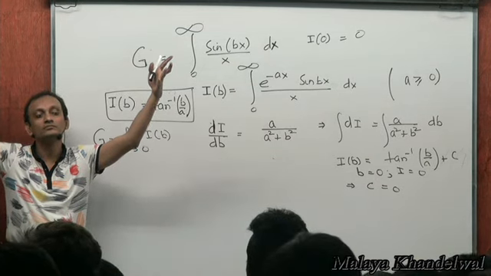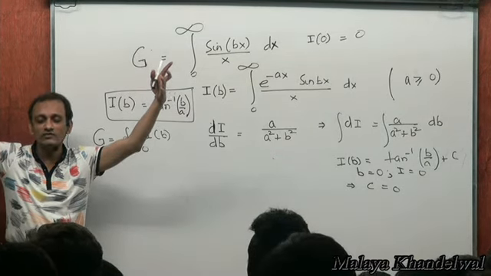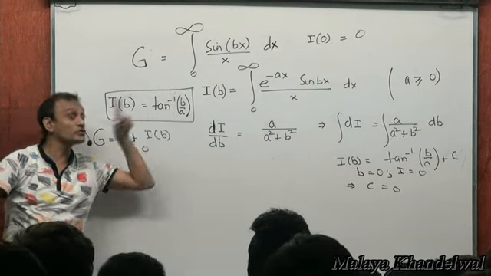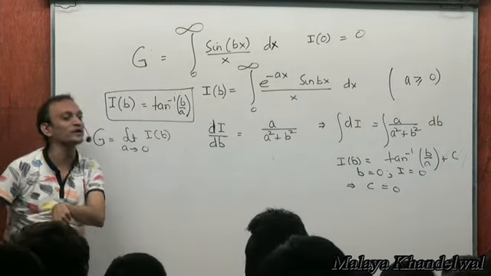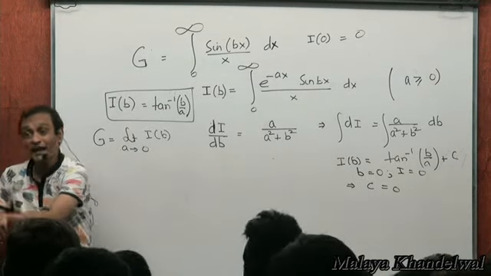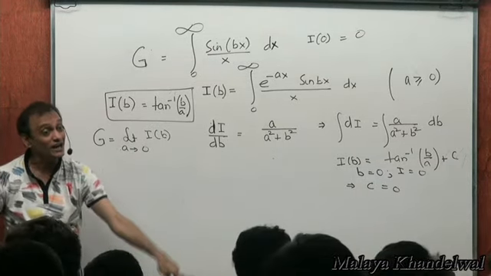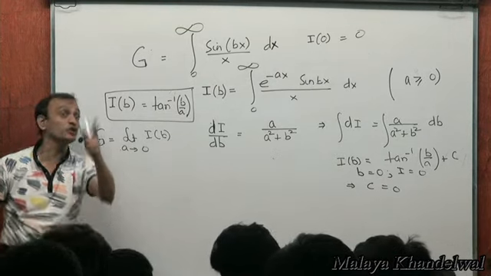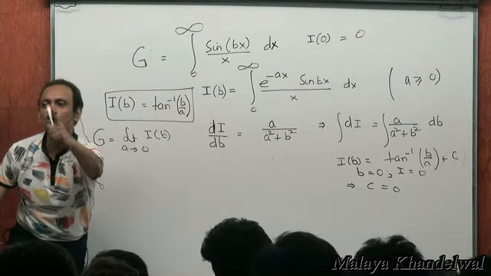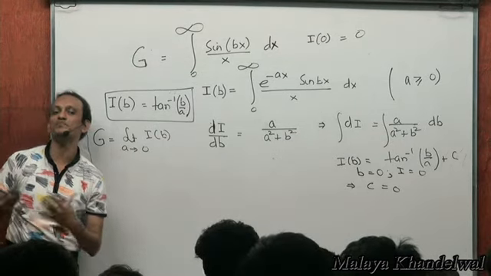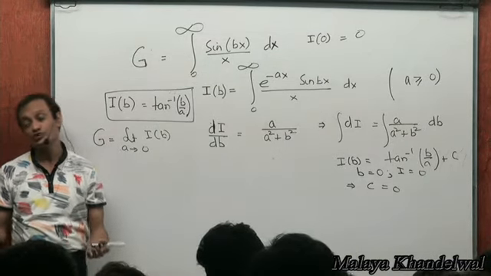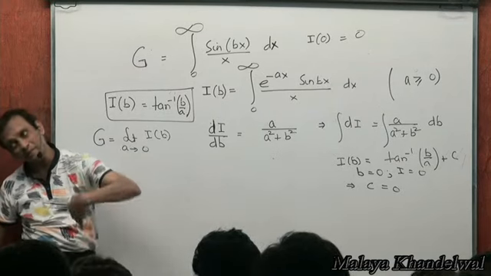Sure? Not always. If b is positive, it will tend to pi by 2. If b is negative, it will tend to minus pi by 2. It will either have a value pi by 2 or minus pi by 2 depending on whether b is positive or negative. So for b positive, it will be plus pi by 2. For b negative, it will be minus pi by 2.